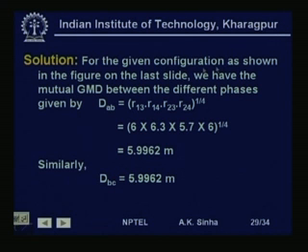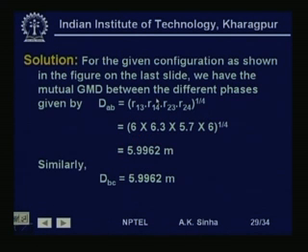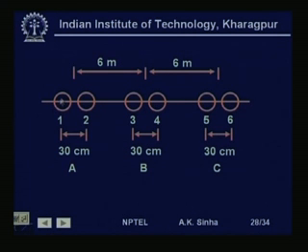So, for the given configuration as shown in figure, we have the mutual GMD between the different phases given by DAB is equal to the fourth root of R13, R14, R23, R24, that is distance from here to this conductor, distance from this to this conductor, and so on, because again if we take the distances from this to this and this to this, that will also be same.